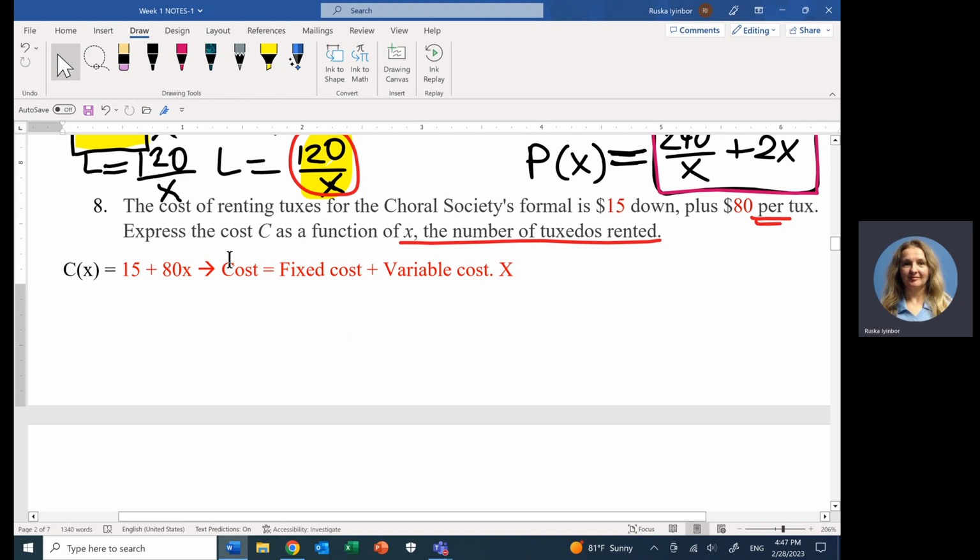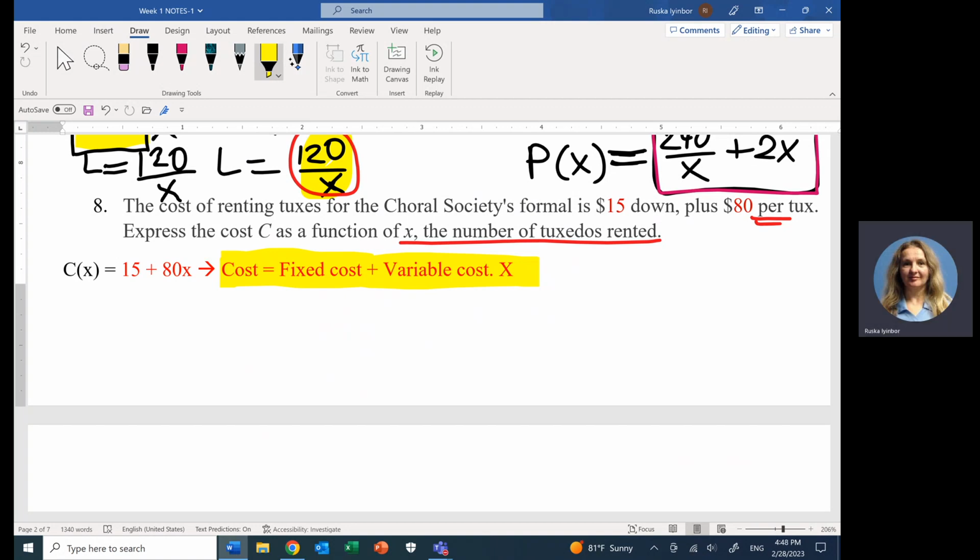So here the formula for a cost function in general is fixed cost plus variable cost times x. So this is the formula for any cost function we're going to work with. So fixed cost is what you pay once. So here we're paying $15 once.